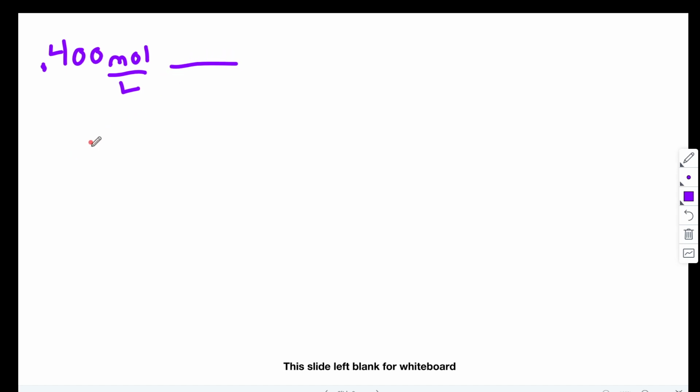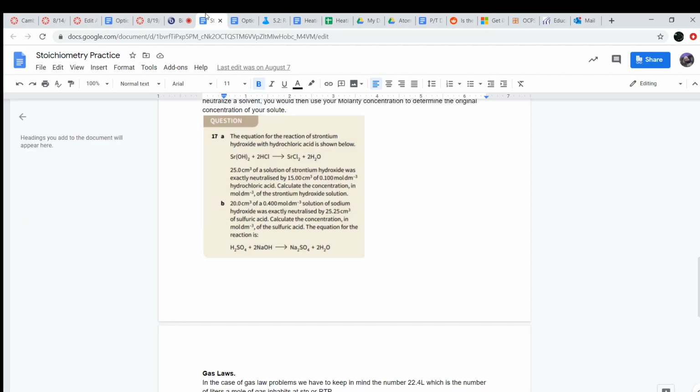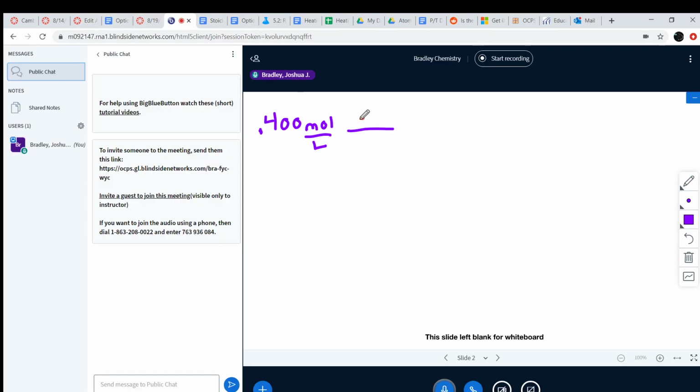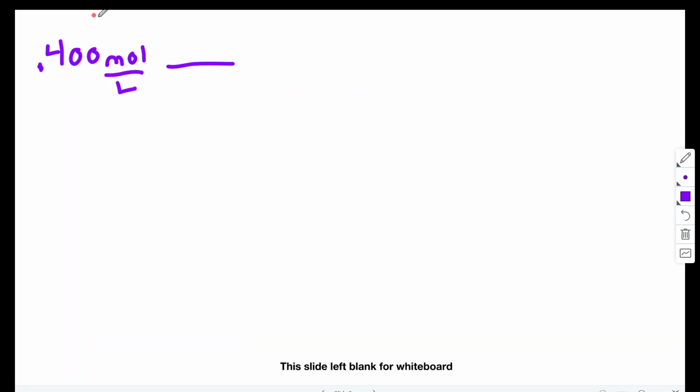In this case, it looked like it was 20 centimeters cubed, which we'll do the quick conversion, which is just moving it to 0.02 liters. Then we'll go ahead and do our conversions.